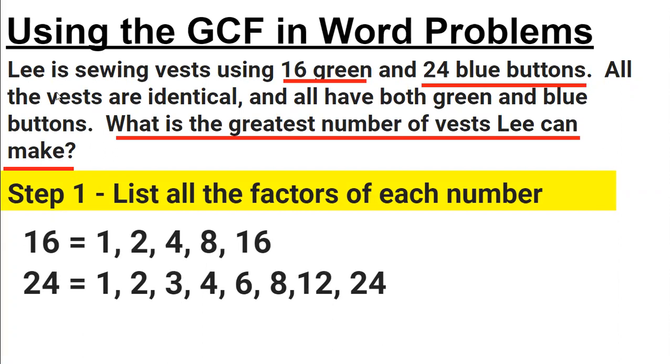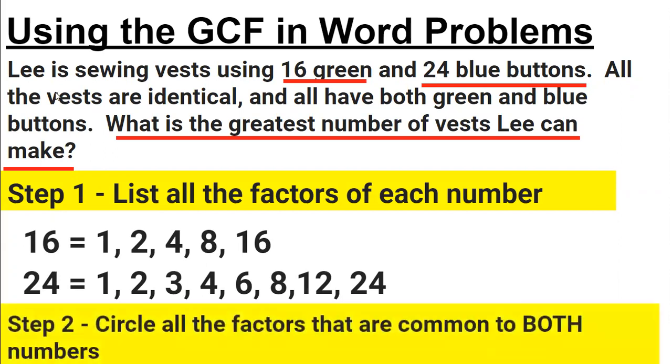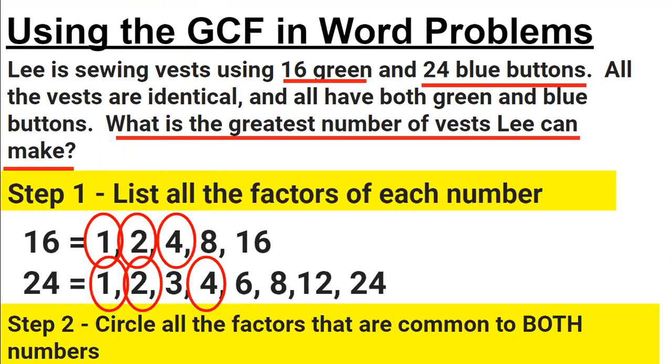What's the second step? Exactly, circle all the factors that are common to both numbers. 1s, 2s, 4s, any others? Yes, 8s. So our common factors are 1, 2, 4, and 8. Let's go to the next page and write those again.